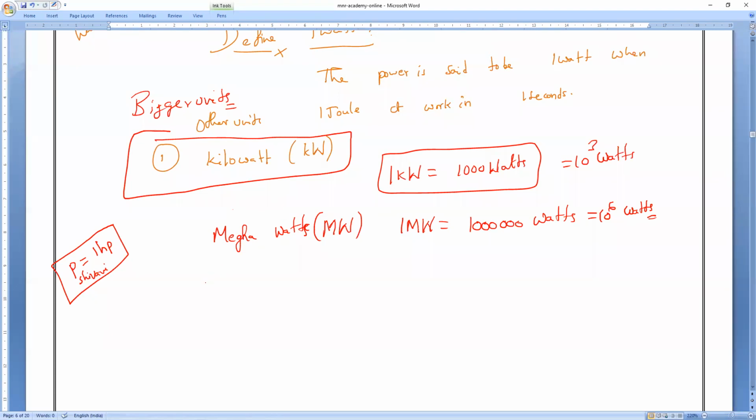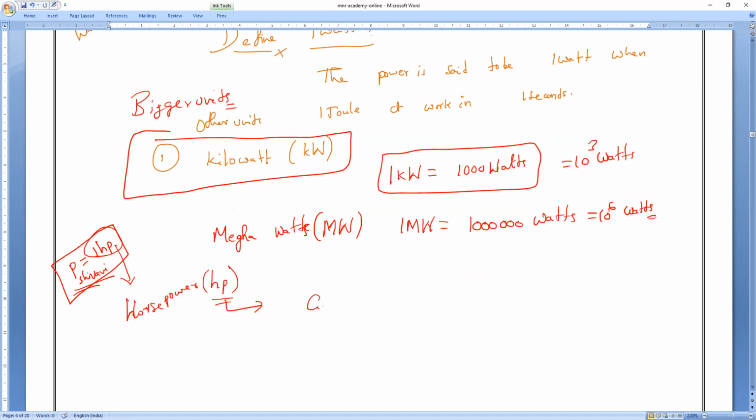If you ask your parents what is the power of the motor, they will always say HP. So what do you mean by HP? HP means horsepower, written with a small h and small p.